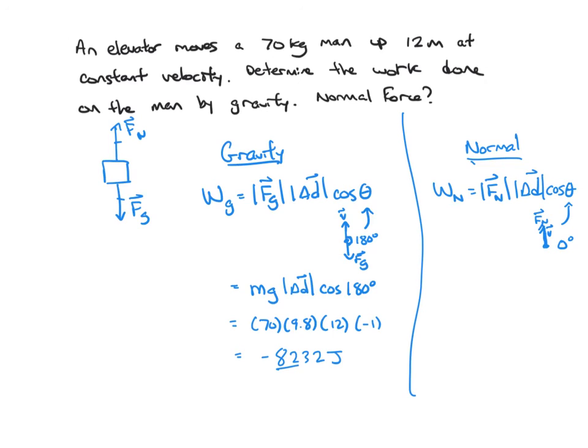So the only difference between the previous question for gravity and this one for normal is that instead of cos 180, we're doing cosine of 0. And the cosine of 0 is just +1. So all the math is the same, except instead of the -1, it's a +1, which means the answer is just going to be a positive 8,232 joules.